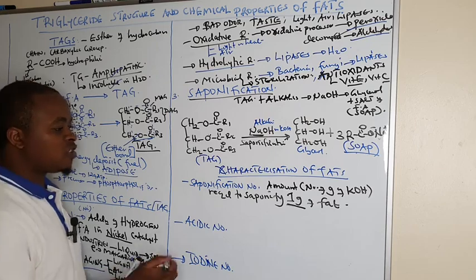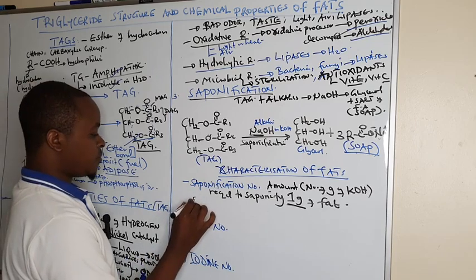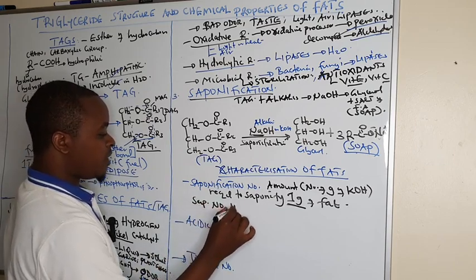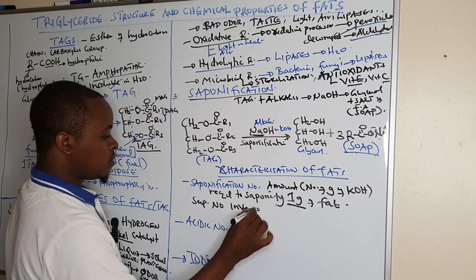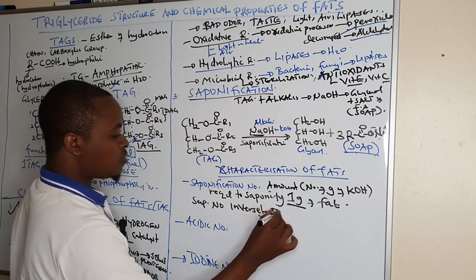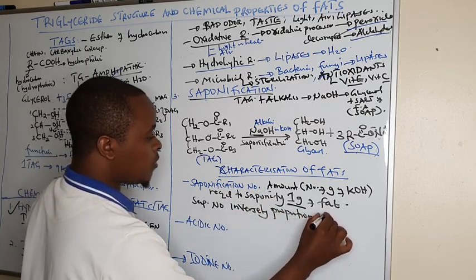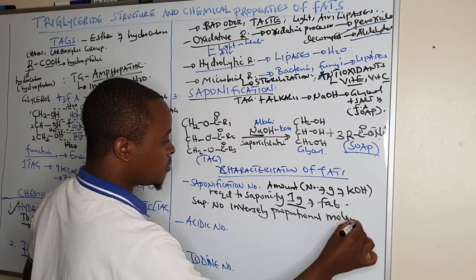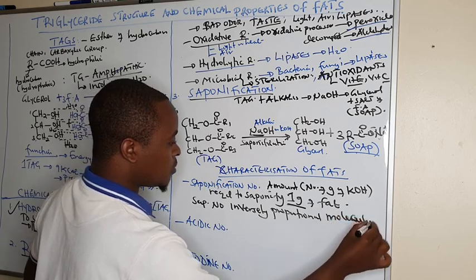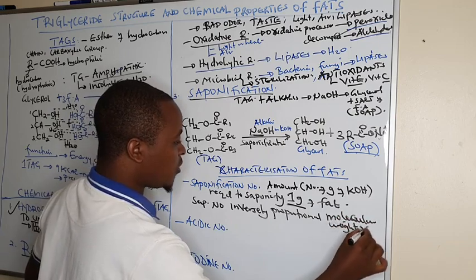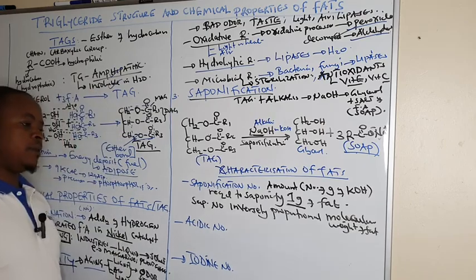And saponification number is inversely proportional to the molecular weight of fats. What do we mean?